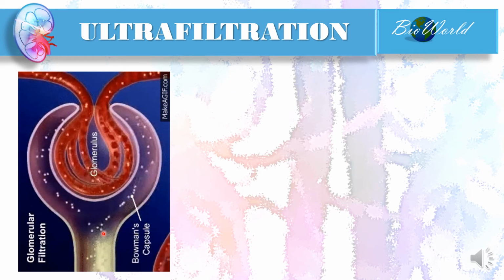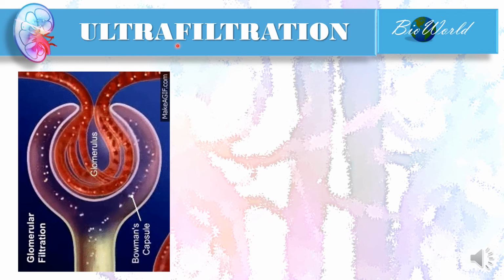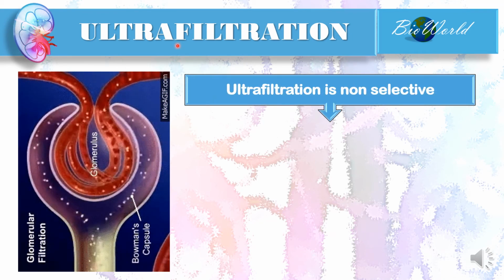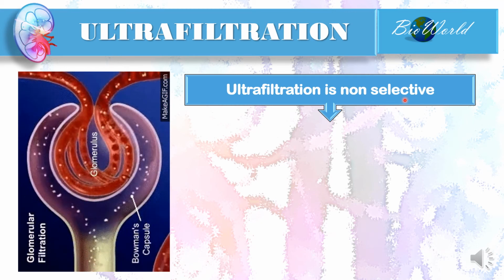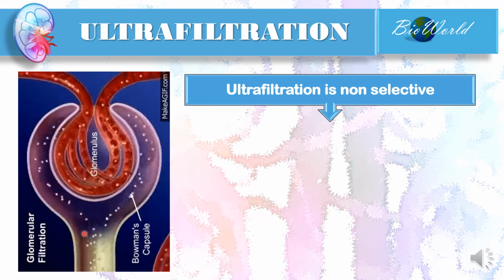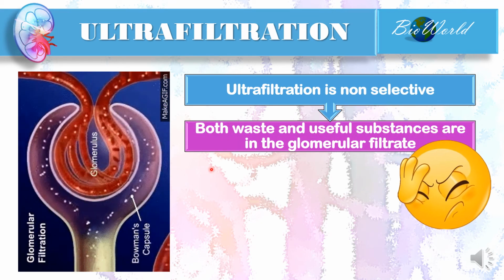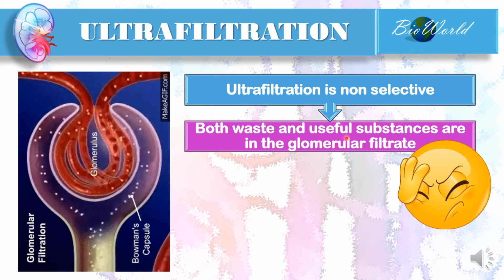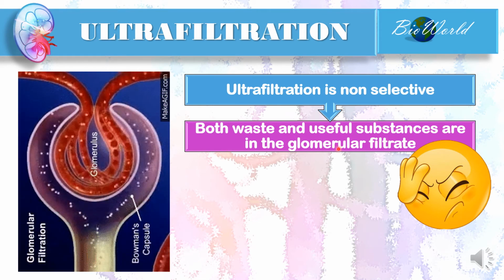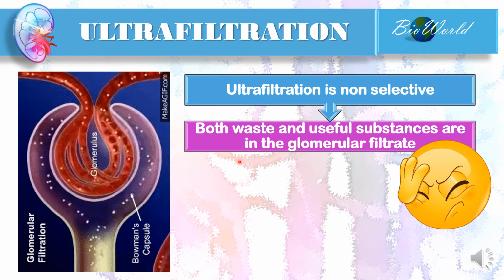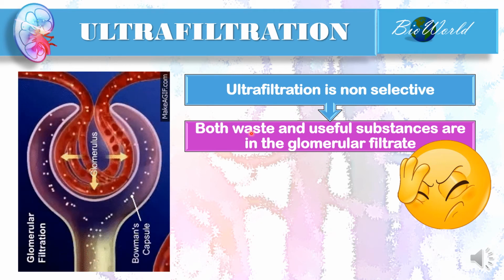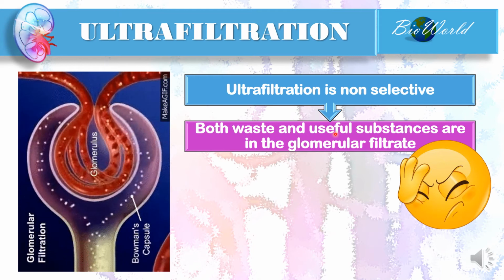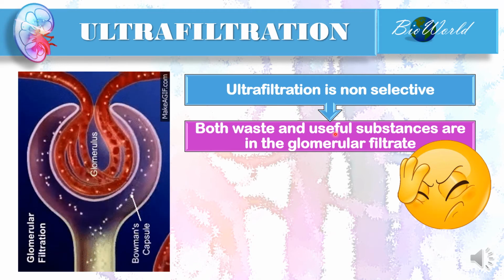But there's a problem with ultrafiltration. The problem lies in the fact that ultrafiltration is non-selective. So you see, the glomerular filtrate now has both waste as well as useful substances mixed together. The waste, like urea, is to be excreted, but useful substances such as glucose cannot be excreted.